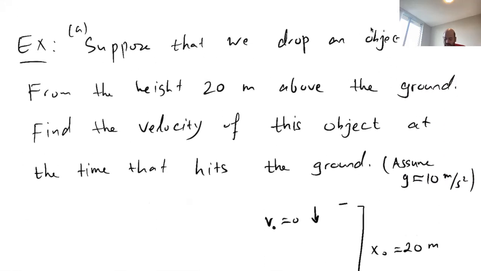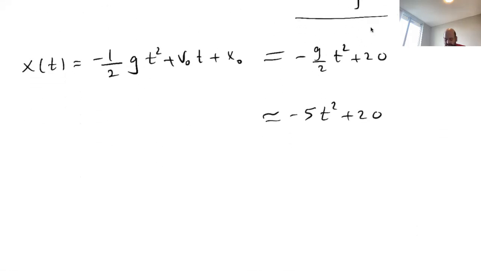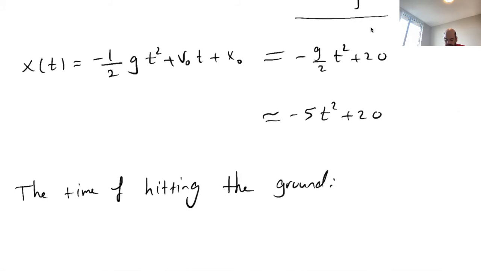Now we want to know what is the velocity at the time that it hits the ground. So first, let's find the time that the object hits the ground. How can I find it?